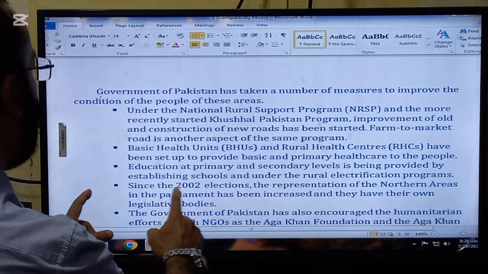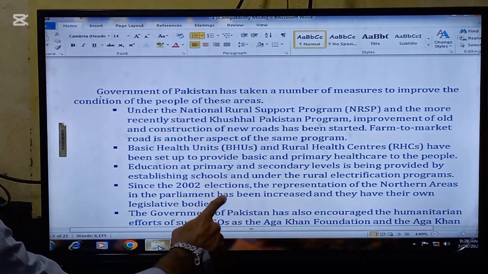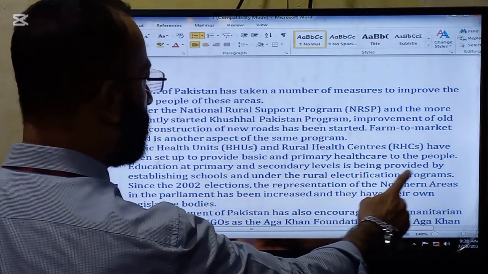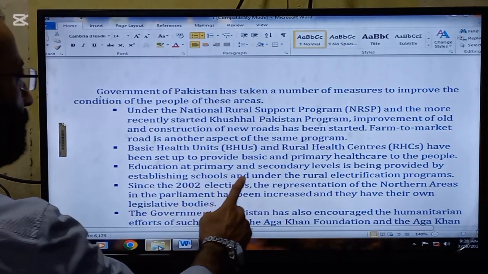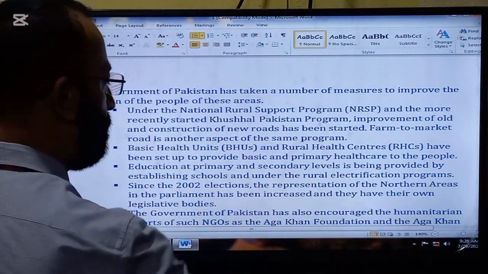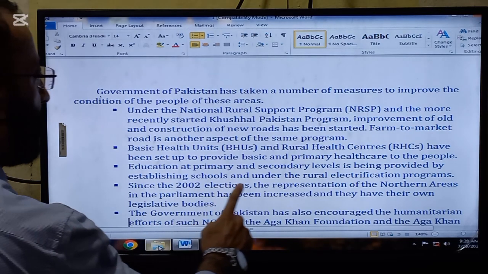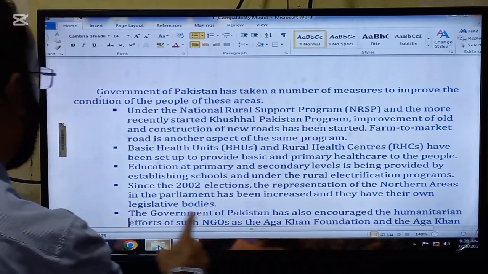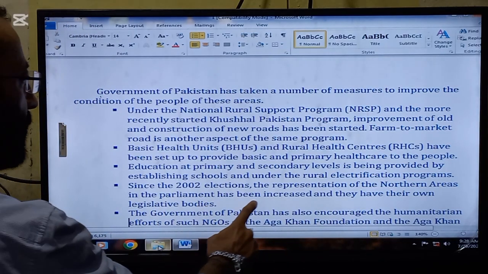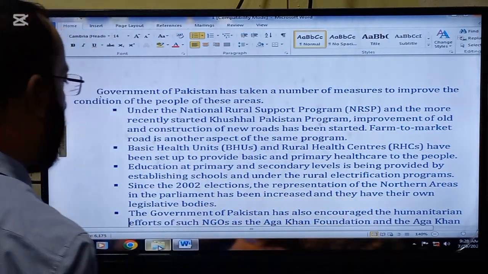people. Basic health units, that is BHUs, and rural health centers have been set up to provide basic and primary health care to the people. So this is another remarkable step taken by the Government of Pakistan. Education at primary and secondary levels is being provided by establishing schools and under the rural electrification programs.